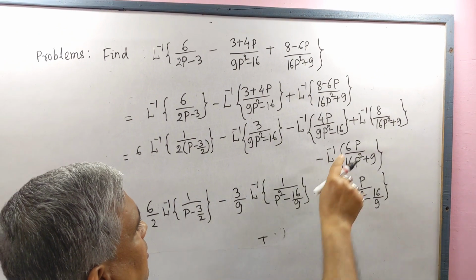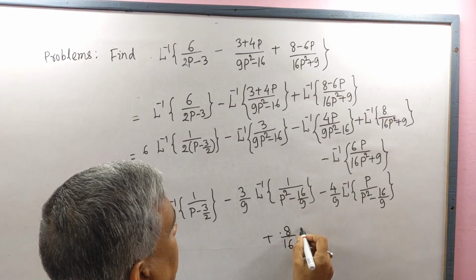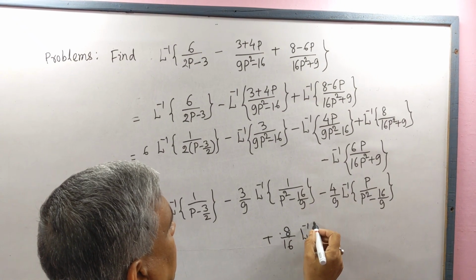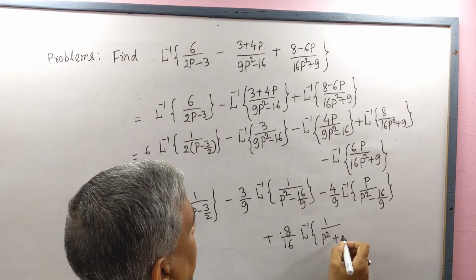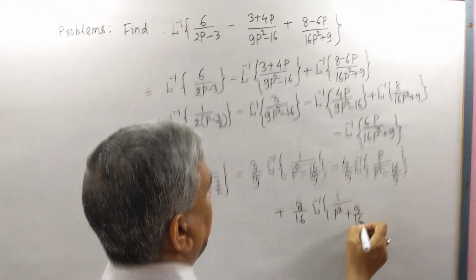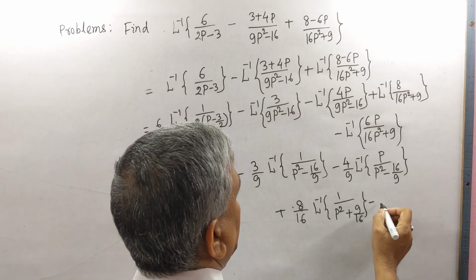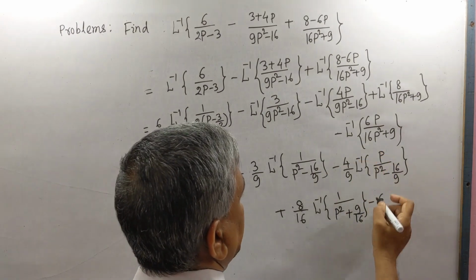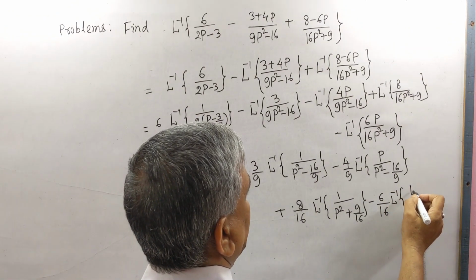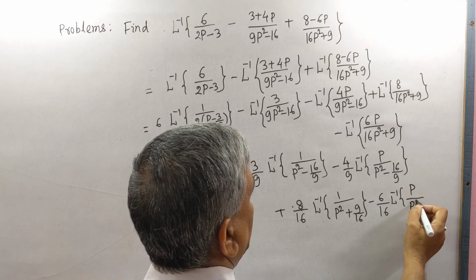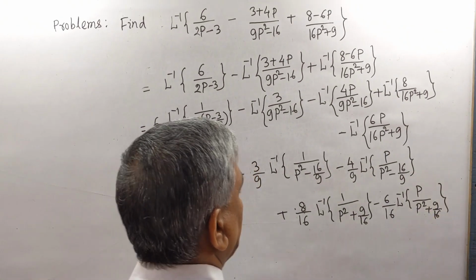We take 8 outside and 16 outside, 8 by 16 L inverse 1 by p square plus 9 by 16, minus 6 outside and 16 outside L inverse p by p square plus 9 by 16.